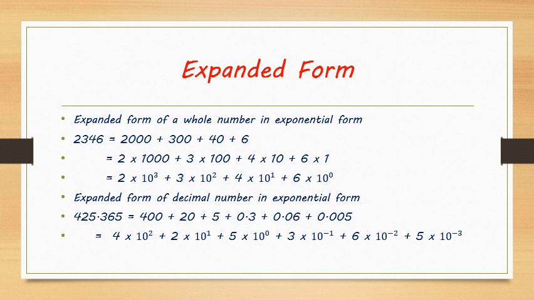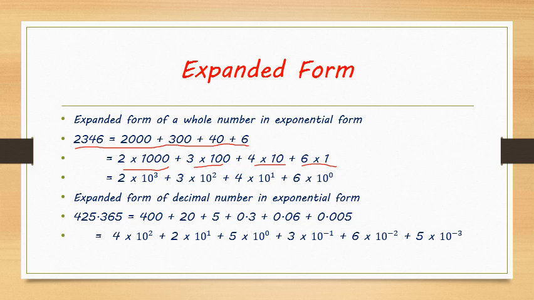Now expanded form. We already learned expanded form in junior classes. Suppose that we have to write the expanded form of 2346. Till 5th class we write 2000 plus 300 plus 40 plus 6. Now when you are in class 6, the teachers will tell you to write 2 into 1000 plus 3 into 100, 4 into 10, 6 into 1.